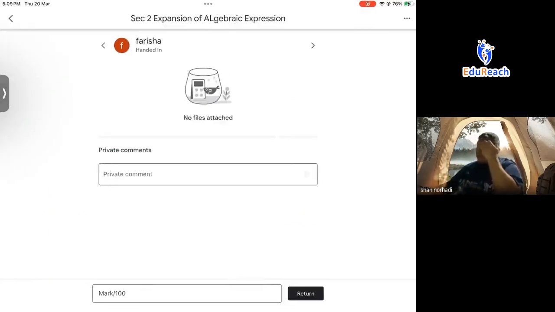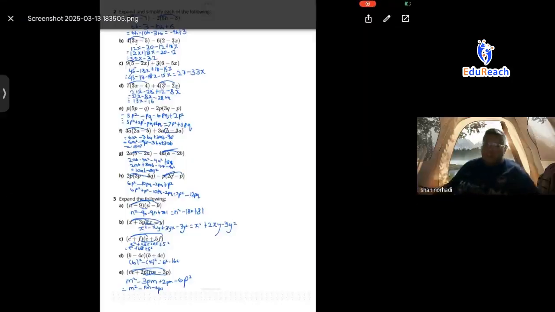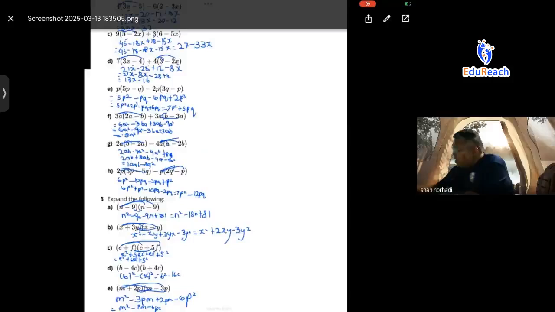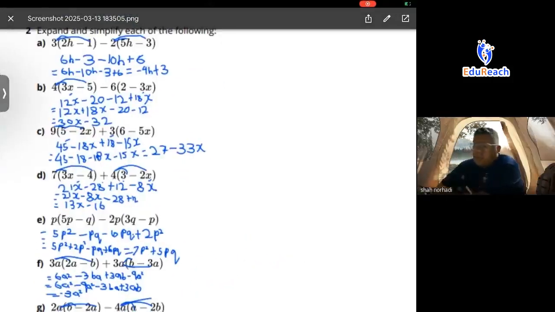I just want to go through some of your work. Okay. Now this is question two. What you did was good because when you expand, I'm going to go through 2A, okay? So you expand 6H minus 3, then minus 10H plus 6. I'm happy that you are able to change the sign when minus 2 times minus 3 becomes plus.